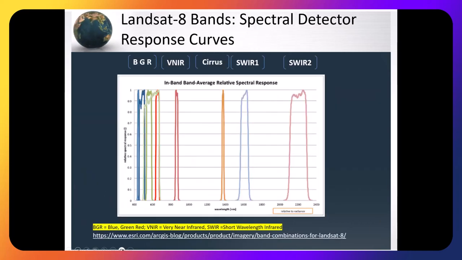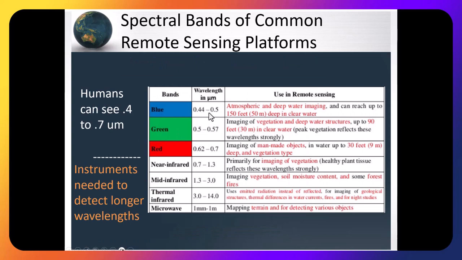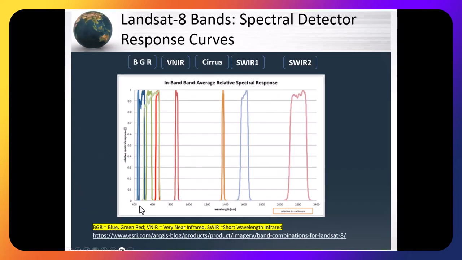So here's another picture of that chart. Let's look back at the chart. Blue is 0.4 to 0.5 microns. So here you can kind of see how that's from 400 to 500.